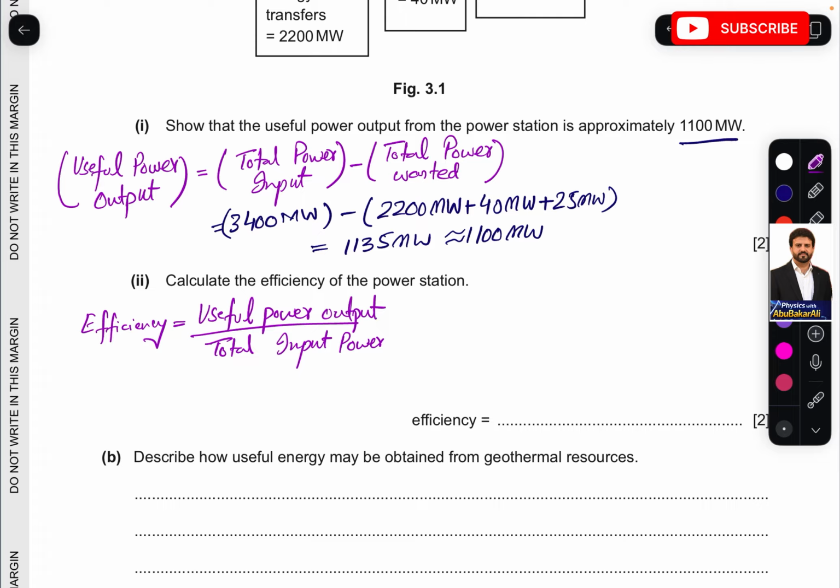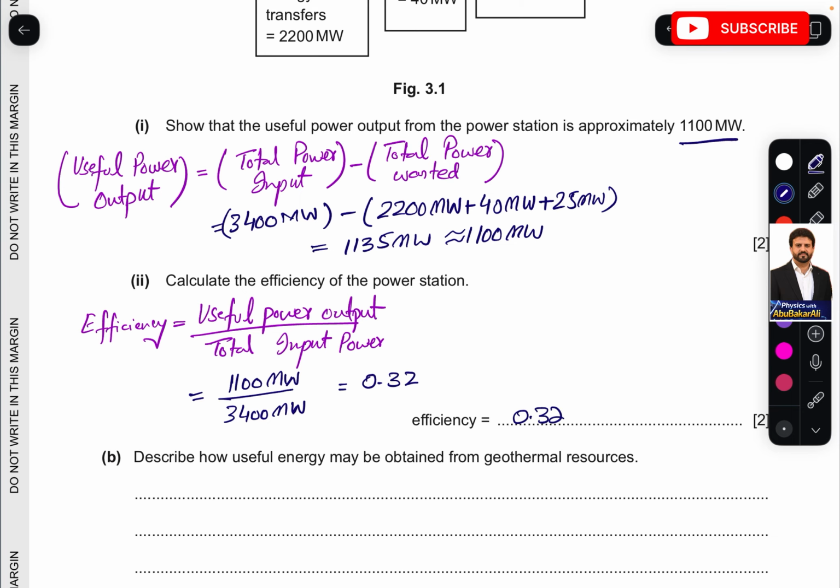Okay, so we just have to put the values. Useful power is 1100 megawatt divided by total is 3400 megawatt, and that will give you 0.32.